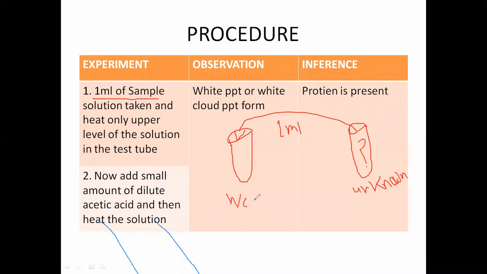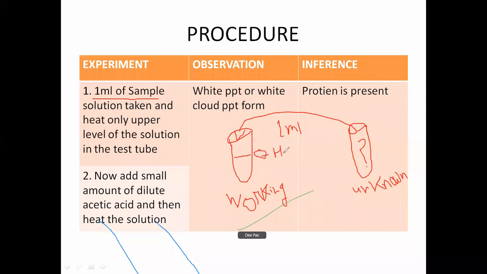Suppose it is your working test tube. So first you take 1 ml of the sample solution. Then you heat the upper layer of the test tube. In that position you will apply heat.